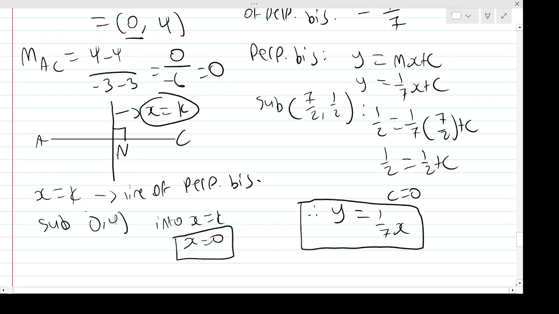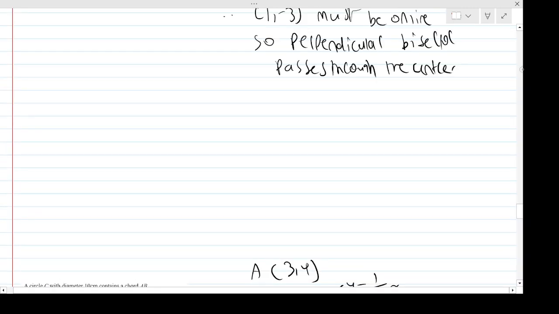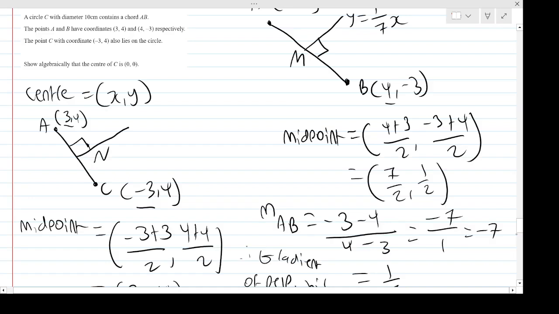Now, what we've got now is two lines, the centre, right? Every perpendicular bisector of a chord has to pass through the centre.